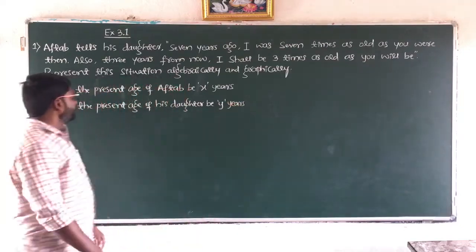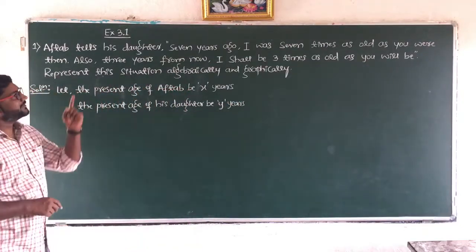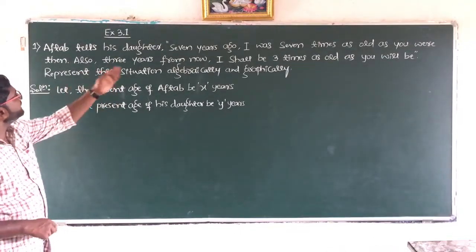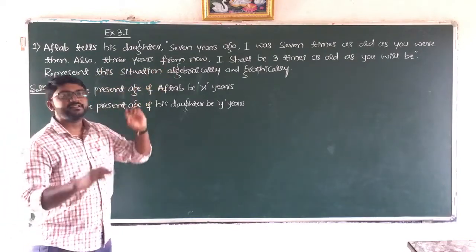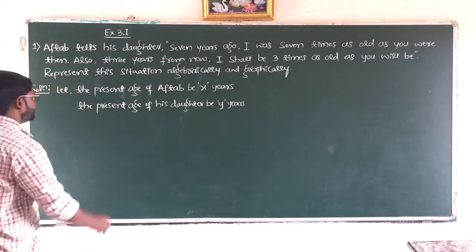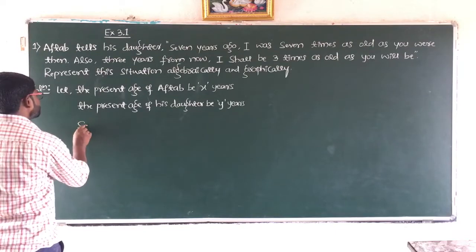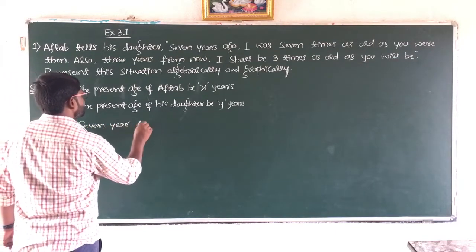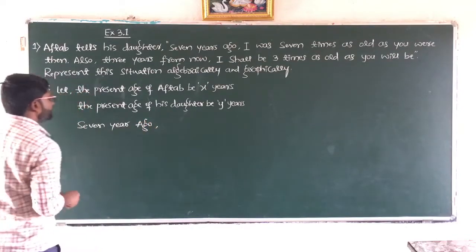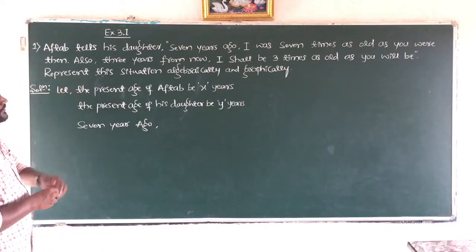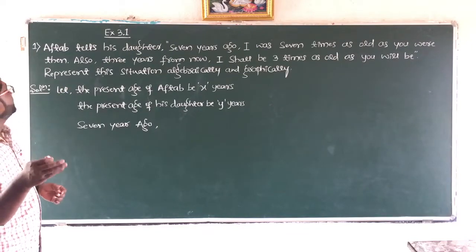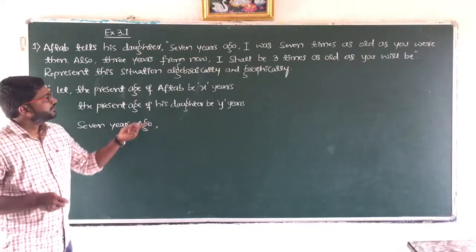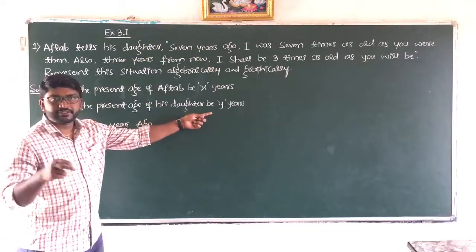Now here we have two cases. One is 7 years ago and one is after 3 years, since 3 years from now means after 3 years. We'll go for the first case, 7 years ago. 7 years ago I was 7 times as old as you were then. 7 years ago means we have to subtract 7 from Aftab's age as well as his daughter's age.